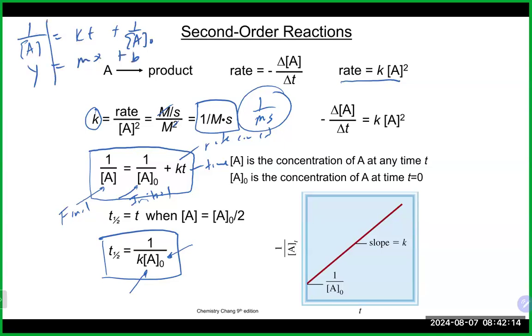And the typical graph that we see for a second order is on the y, we graph 1 over the concentration of A. On the X is still our time. Different than first order, we will actually get a positive sloping straight line. And the result of that is we will take the slope of it and it will equal the rate constant. So that is, again, graphically how you can do that.